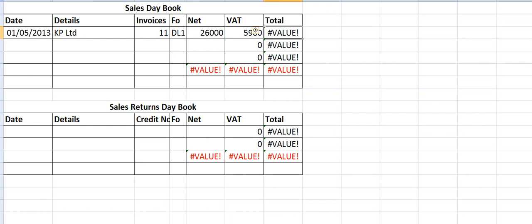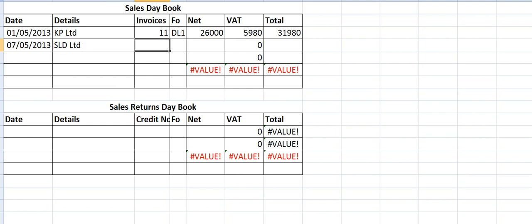Now I don't know why that isn't working for me there. I thought it should work for me. No, it's not. Okay, I'm just going to sum them up here. Okay, and the second transaction was on the 7th of the 5th, 2013, and this was SLD Limited.